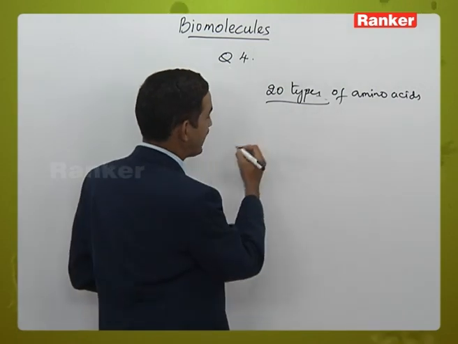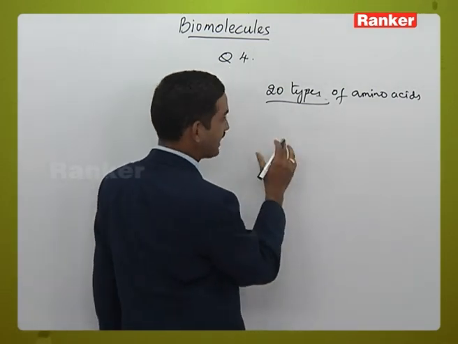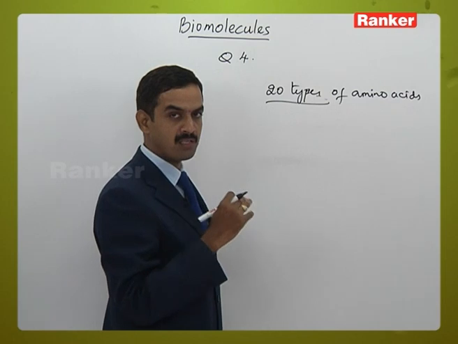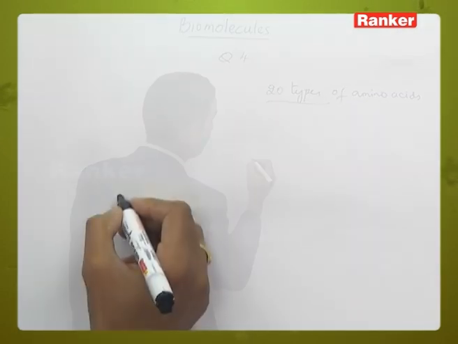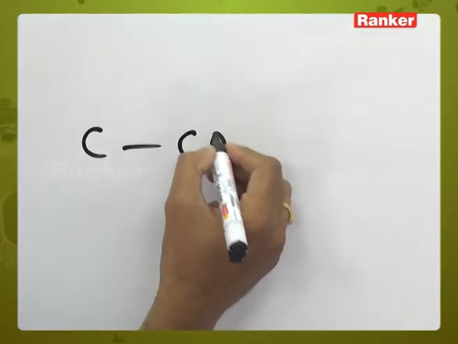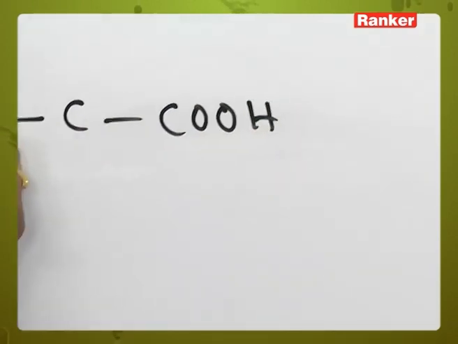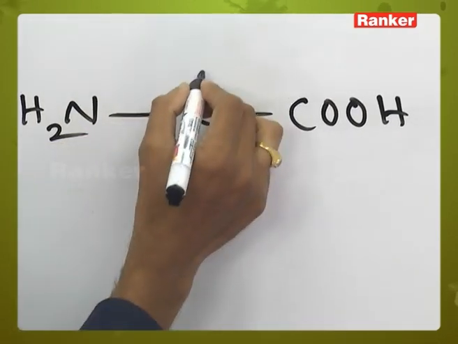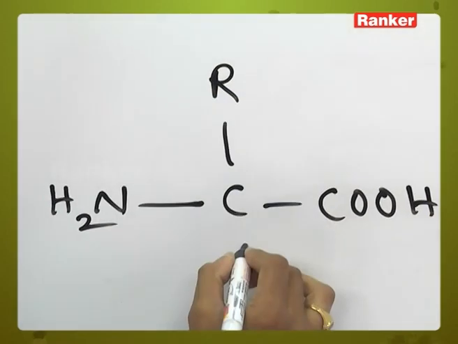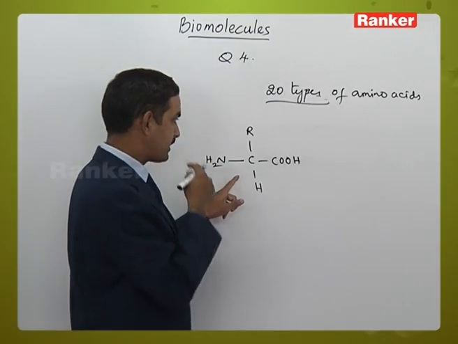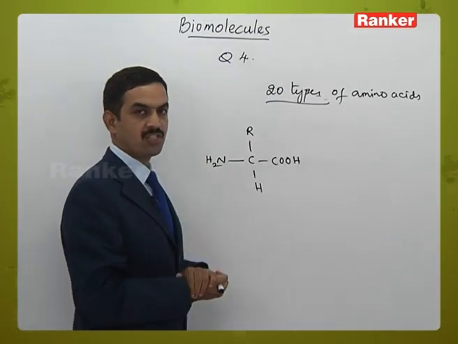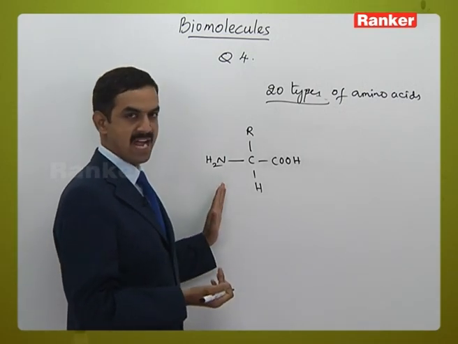And how is a peptide bond formed? Take an example. This is the basic molecular structure of an amino acid.